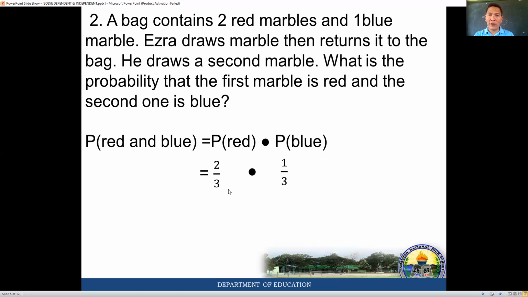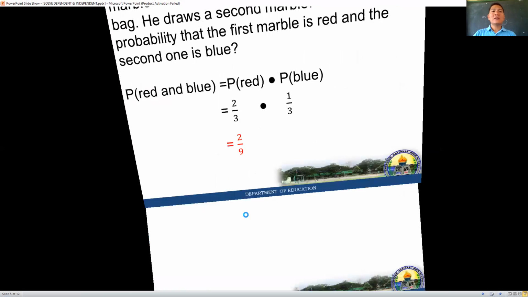There is no common factor in the numerator and in the denominator, so you can proceed directly to the rules in multiplication of fractions. Multiply the numerator by the numerator and the denominator by the denominator. So 2 times 1 is 2 and 3 times 3 is 9. So that is 2 over 9. So the probability that the first marble is red and the second marble is blue is 2 over 9.